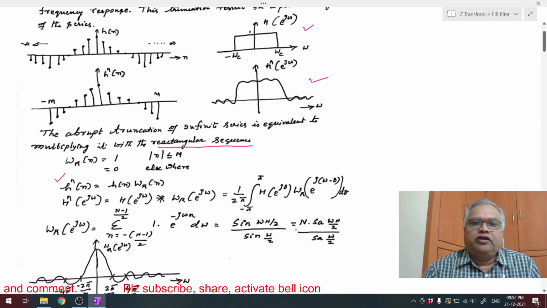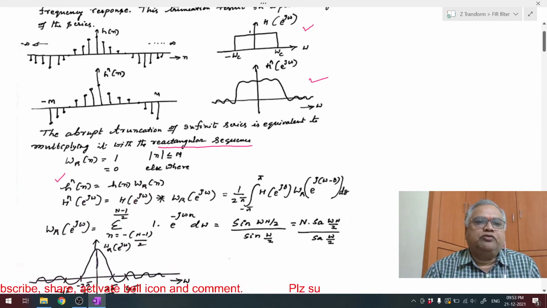Now in this, what should we know? How to find H e power j omega? It is the Fourier transform of this, which is nothing but this window already there. Then WR e power j omega is the Fourier transform of a rectangular function.